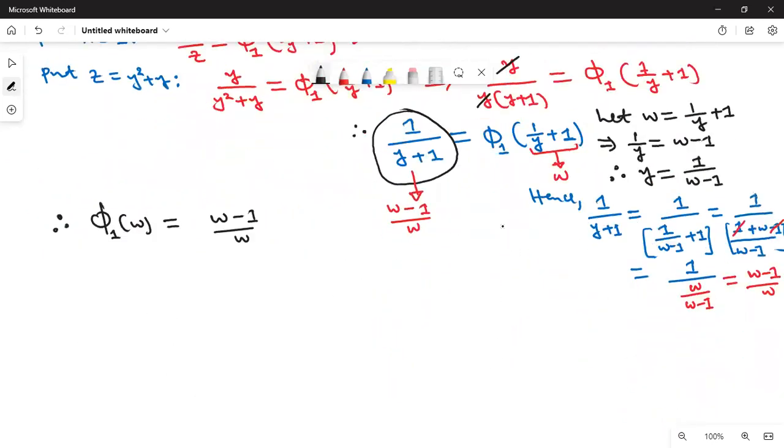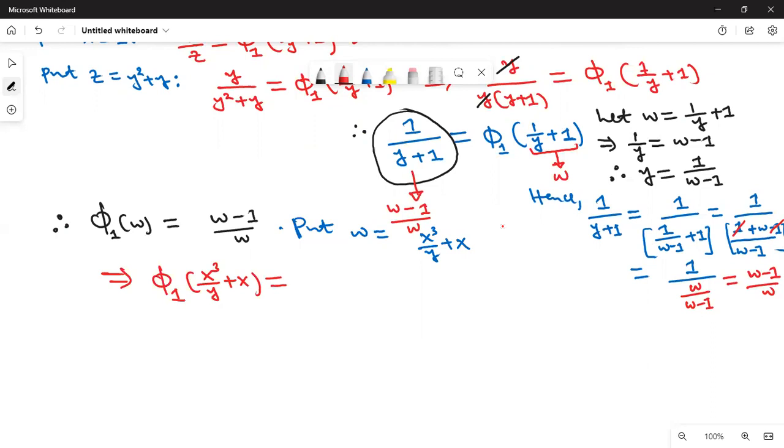So you say from here, if I put w is equal to x cubed over y plus x, what are we going to get? We are going to get phi1 of x cubed over y plus x.